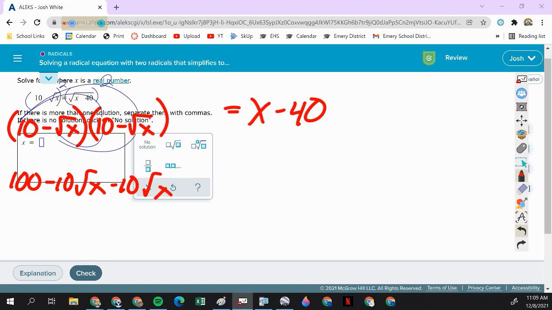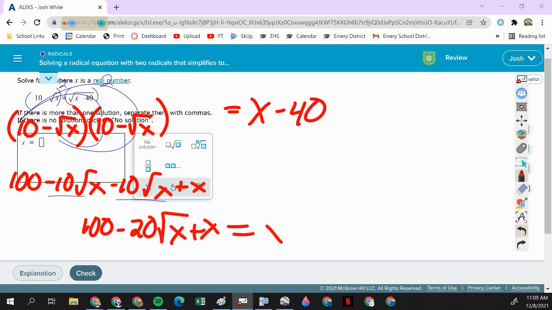And what about that one? It's positive root x squared, which is just 1x. Okay. So 100, I have 2 copies of those, which makes negative 20 root x plus x equals x minus 40.